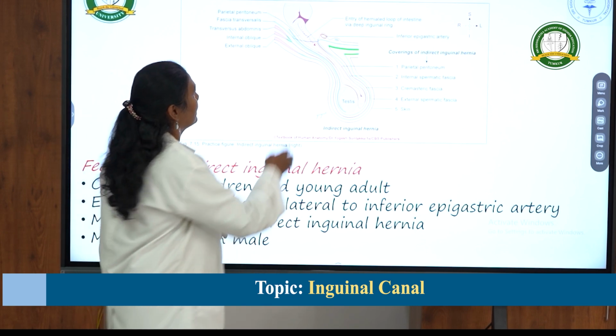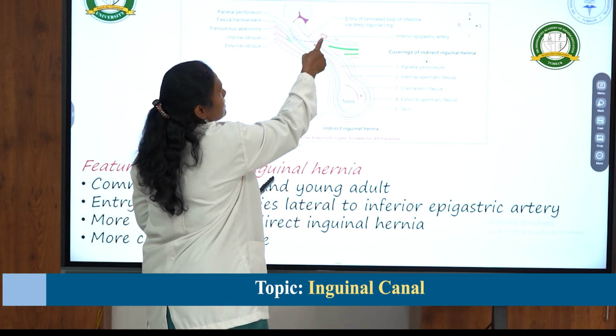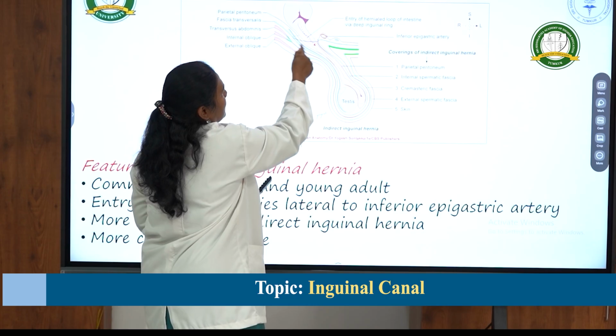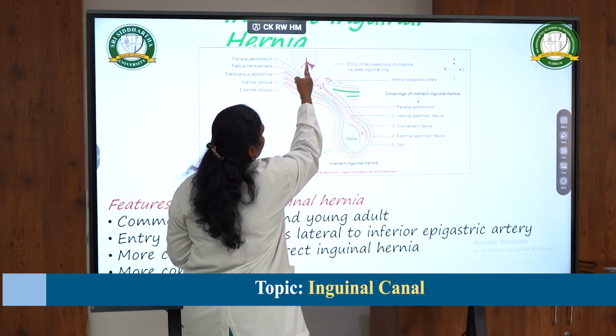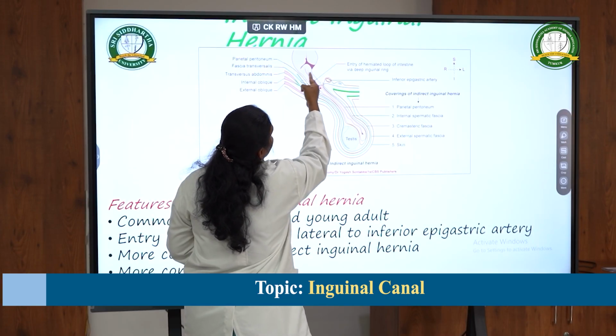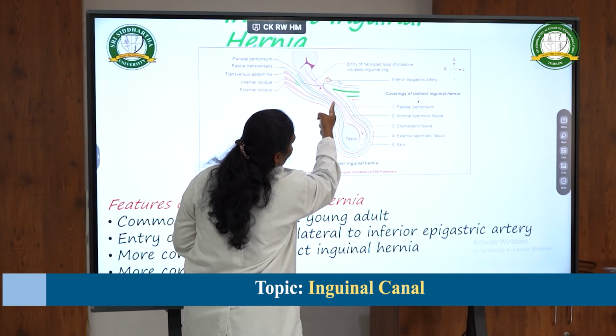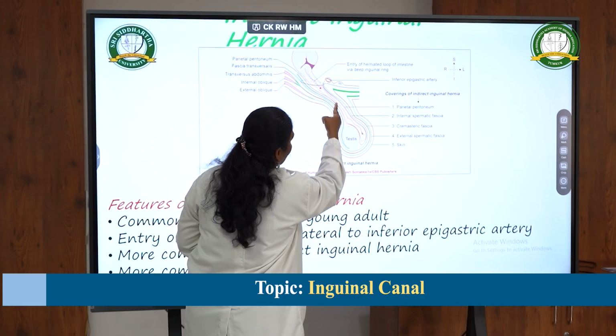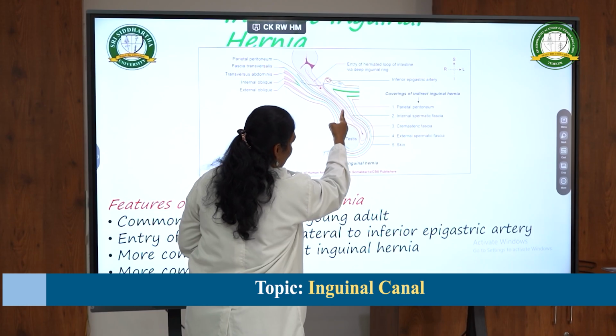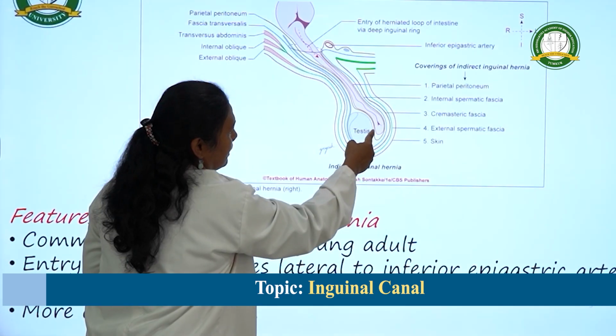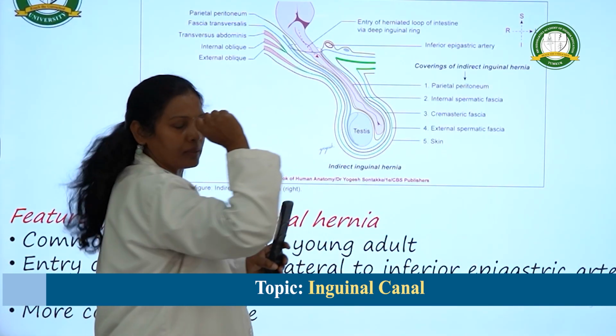This is very important, as we can see in this image. This is the inferior epigastric artery and this is the deep inguinal ring. We can see the loop of intestine entering the deep inguinal ring, traversing the inguinal canal, coming out of the superficial inguinal ring, and descending up to the scrotum.